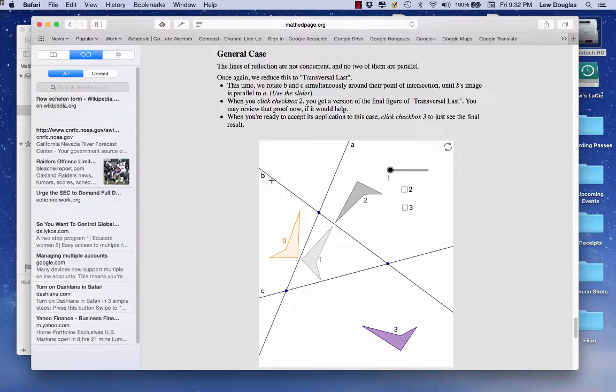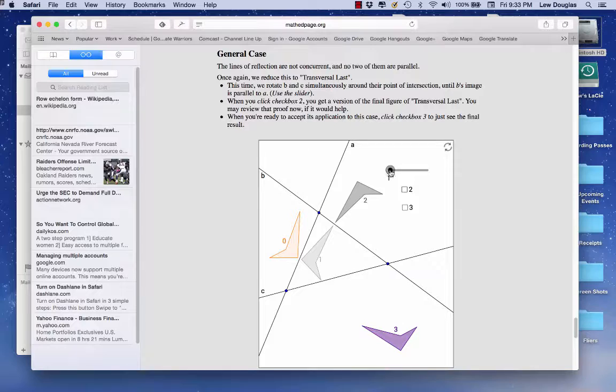So we're going to rotate B and C simultaneously around their point of intersection. So B and C are here, and their point of intersection is here. And we're going to rotate B and C simultaneously around that point until B's image is parallel to A. So watch the rotation.